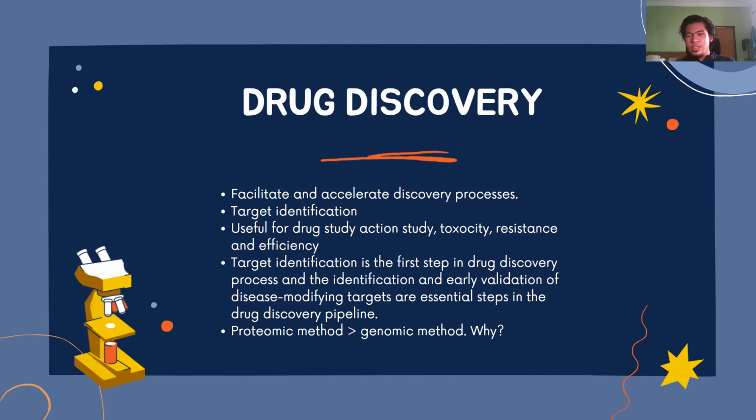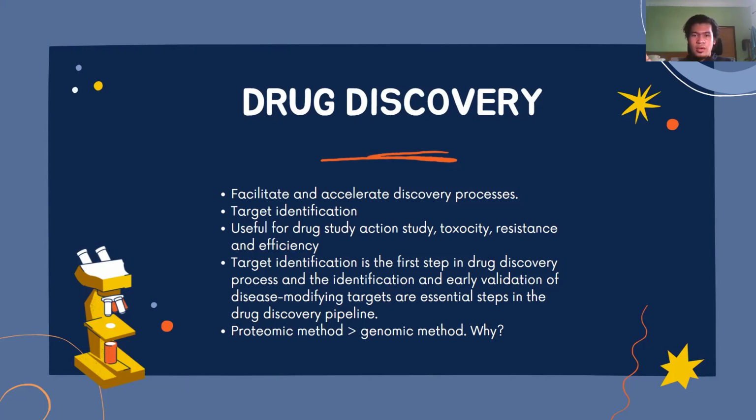Usually, a drug can be studied using proteomic techniques to discover its actions, how the drug acts, how much toxicity each drug that has been tested has, the resistance of the cell metabolism to the drugs, and the efficiency of the drug itself towards the cell's metabolism.